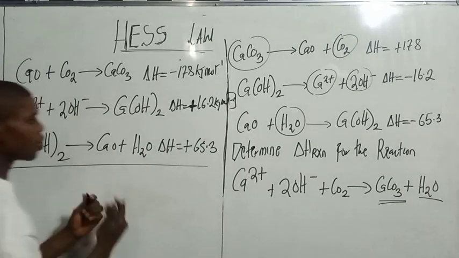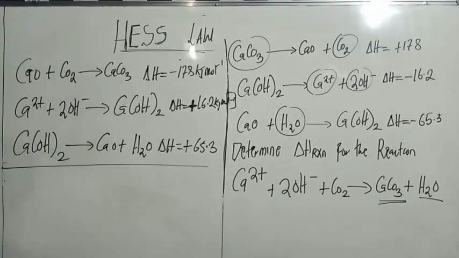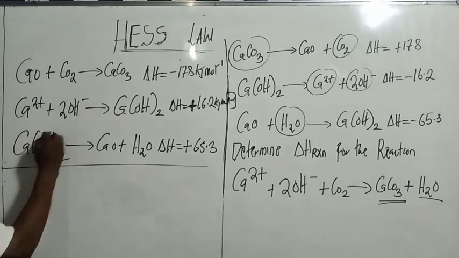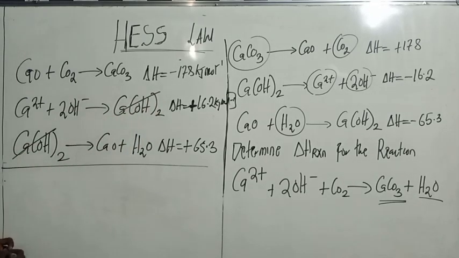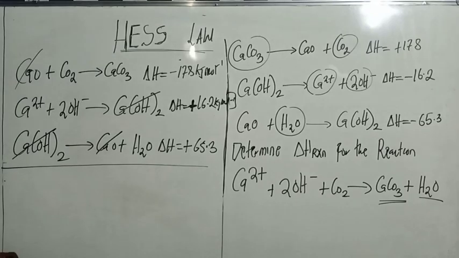So we are done with the adjustment. The next thing you want to do here now is to combine them. When you're combining them, you find that this one cancels this one here, right? And this one cancels this one. You see that?